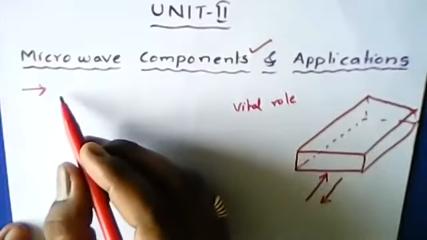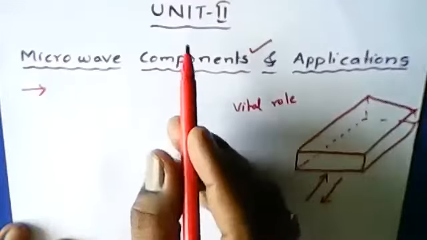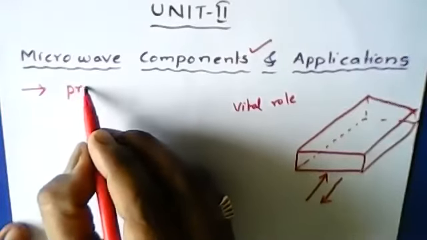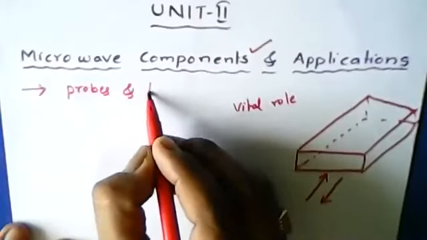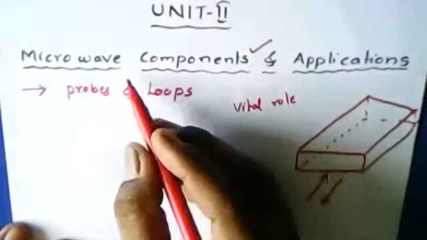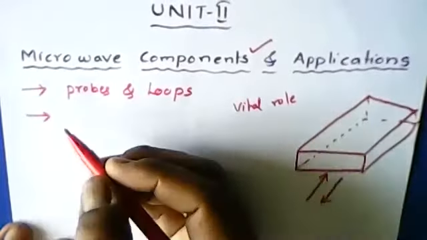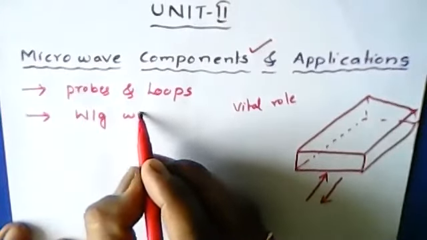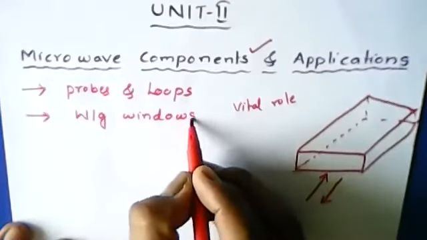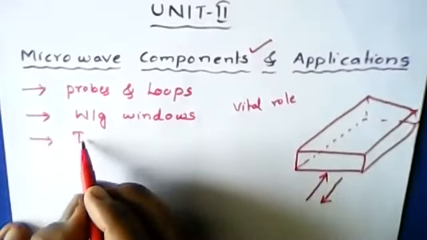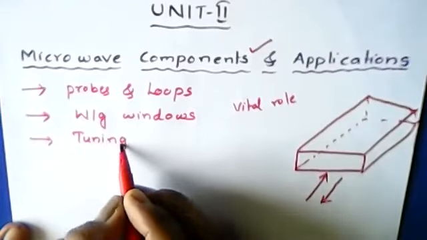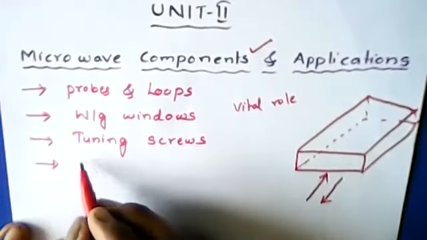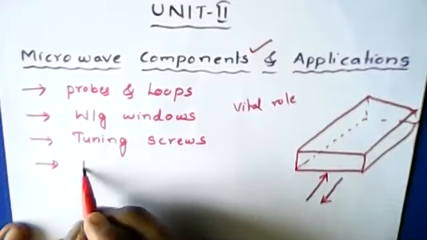The microwave components we are about to discuss in this second unit are probes and loops, waveguide windows, tuning screws and tuning posts.